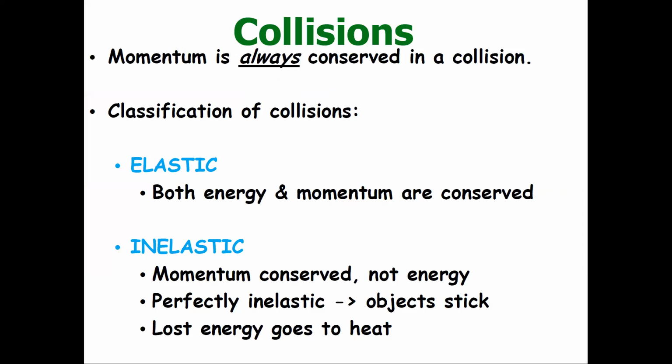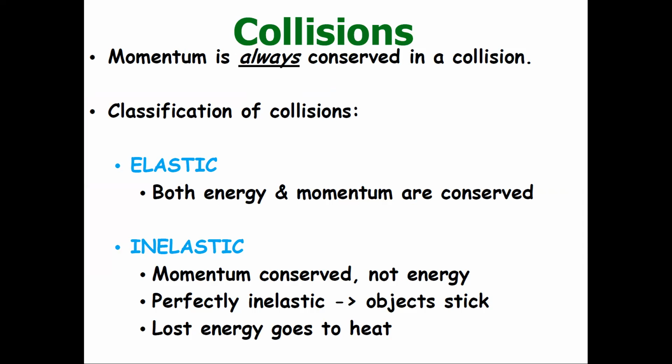Let's look at some definitions and terms that we have to pay particular attention to when it comes to collisions. The first thing we want to state categorically is that momentum is always conserved in a collision.